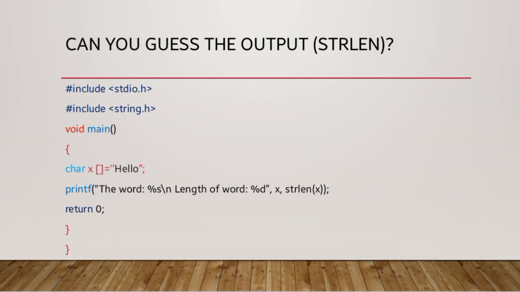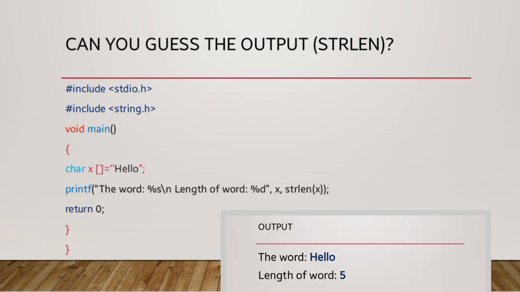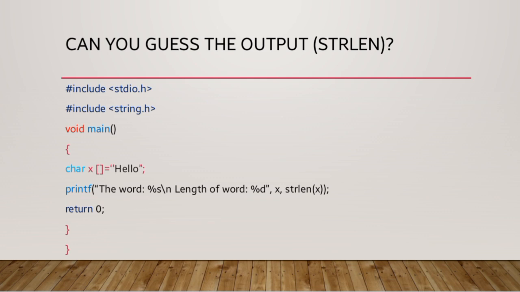Then underneath that, I have the printf statement, which I explained earlier helps us bring out output. Okay, it displays the output on the screen of the computer. So if you look inside the printf statement, you will see some cryptic things there. If you have watched the previous video, you understand what some of these things mean, aside from the string function, which I believe by now you already have an idea of.